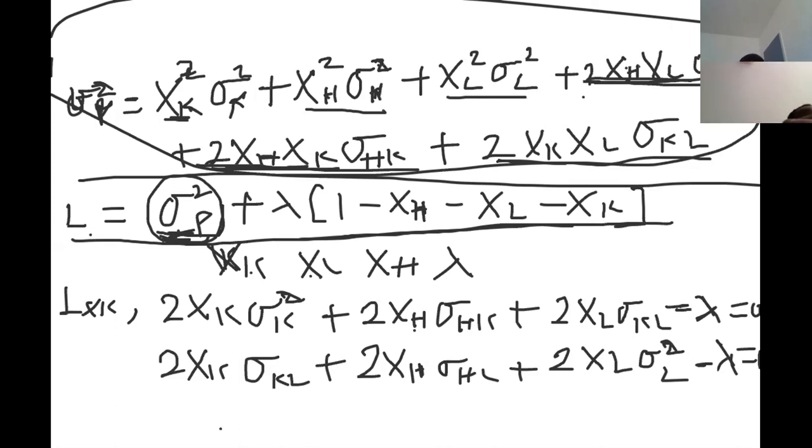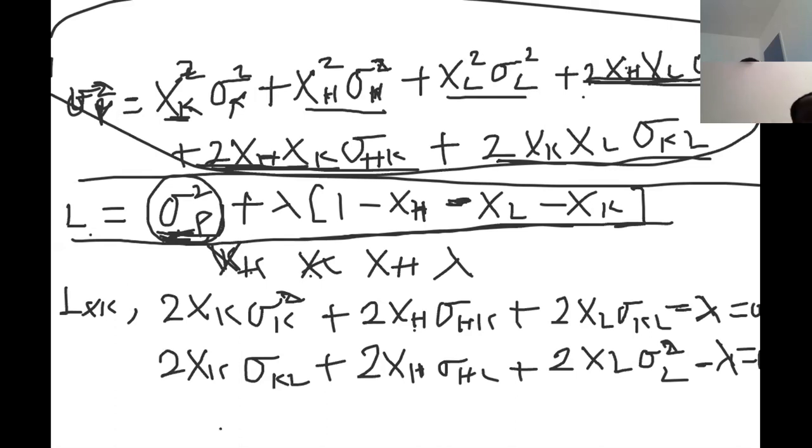Now I'm left with sh. Now let me differentiate with respect to xh. I'm sorry, why is the lambda negative? Which one? The second equation. Because when I differentiate with respect to L, there is minus here. Because it is minus lambda, which is negative, right?